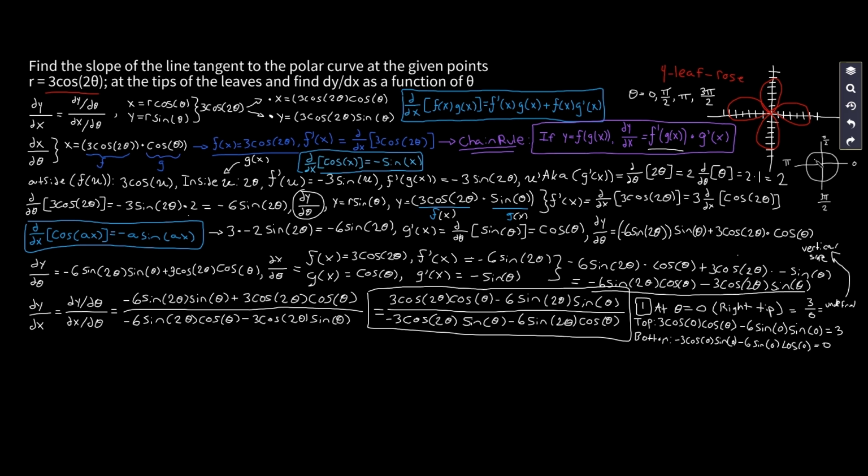We're looking at what happens when theta equals 0. And we know from our unit circle that that's going to happen at the right side, so we're looking at the right tip of our petal. When we plug everything into our slope-finding formula, we got something that's undefined, which is a vertical slope. And the vertical slope is going to be right here.